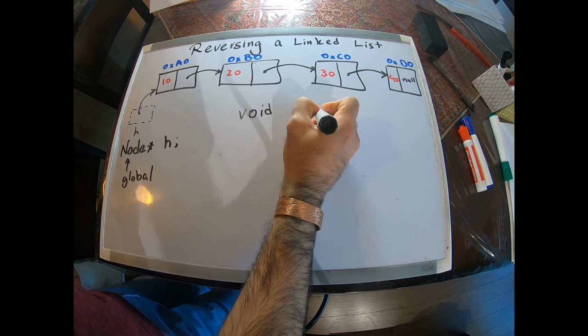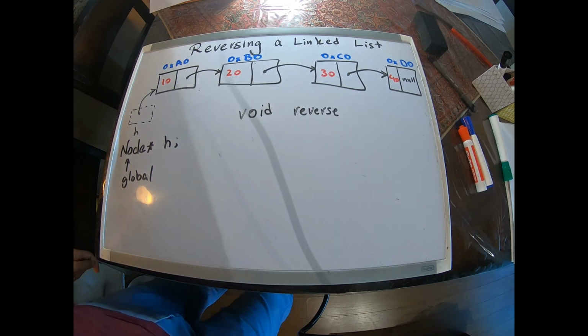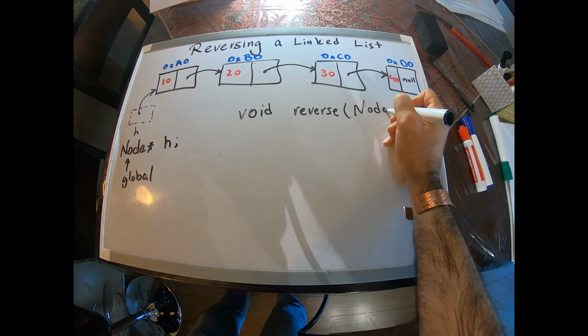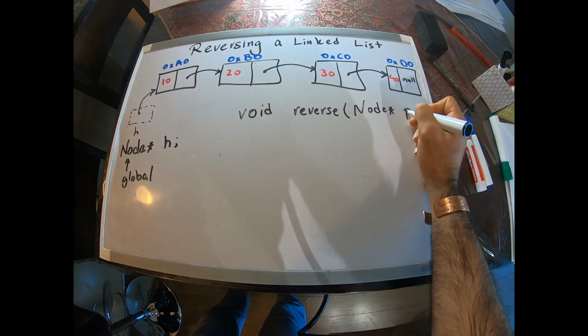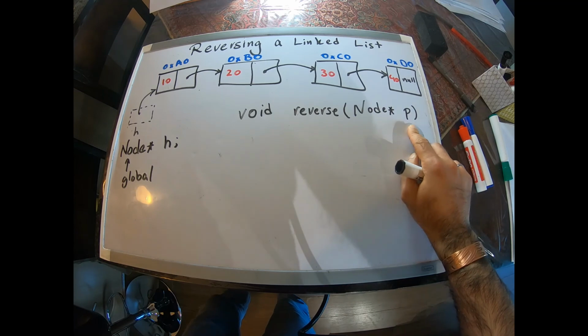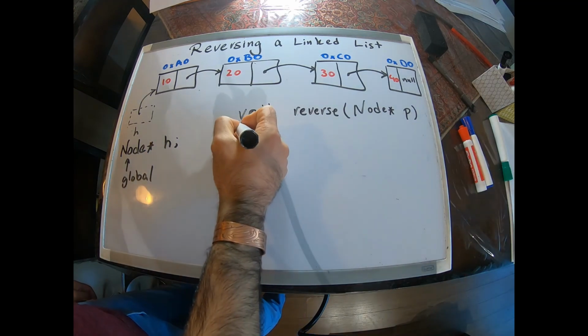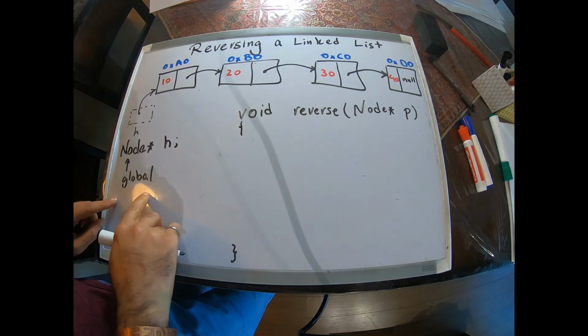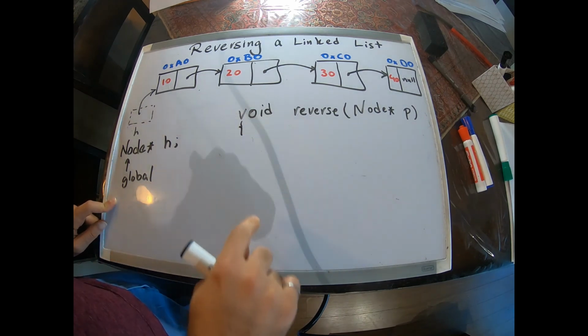Let's call it reverse. That would take the head pointer, I'm just going to call it P, and it would reverse the list. Because I assume that the head pointer is global, I can write this as a void function.